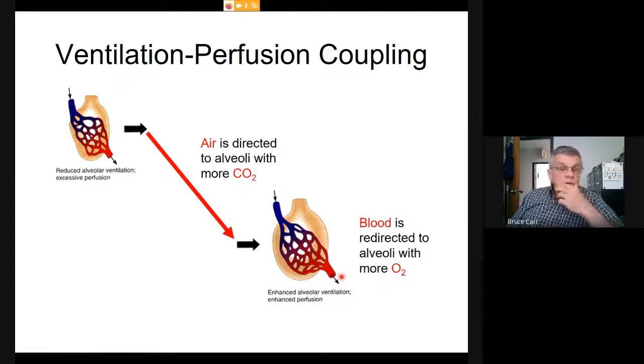Air is going to be directed to the alveoli with more CO2. So we're going to reduce ventilation, and if perfusion is excessive, then we're going to increase airflow to those that have more CO2. So blood where there's more oxygen, and air where there's more CO2.